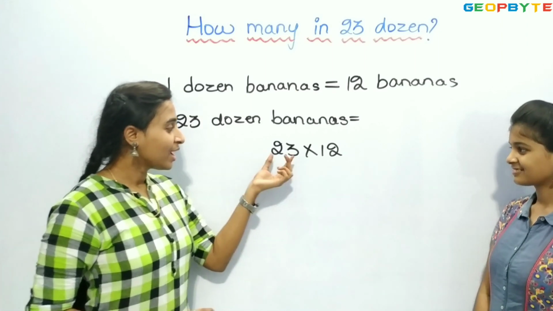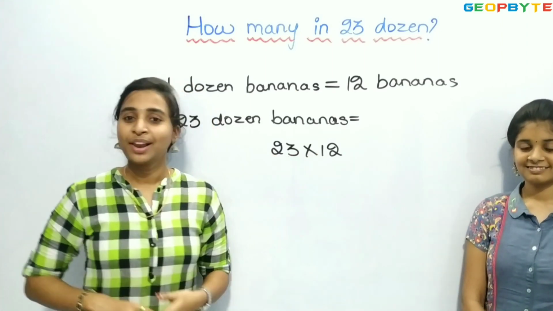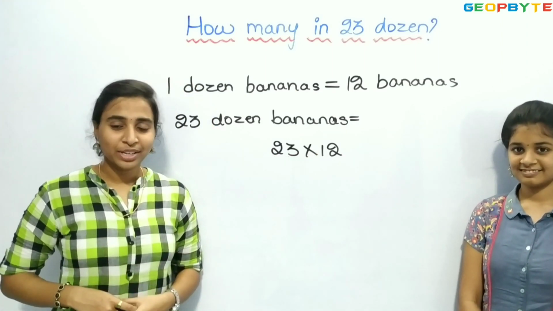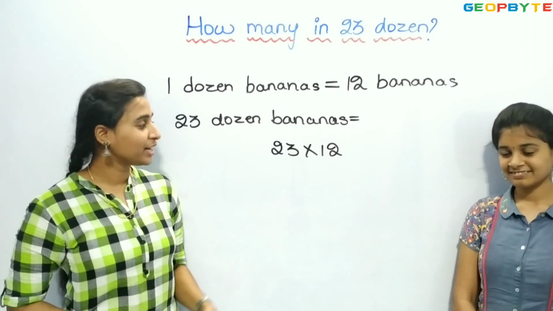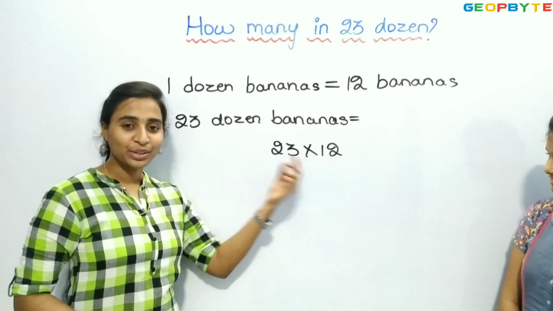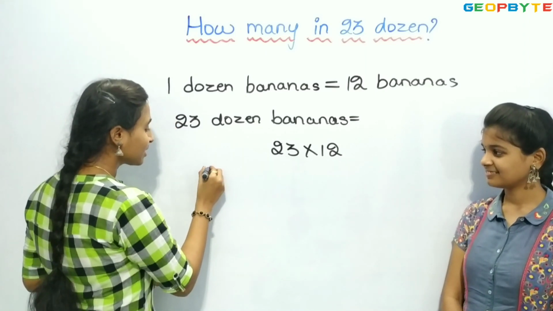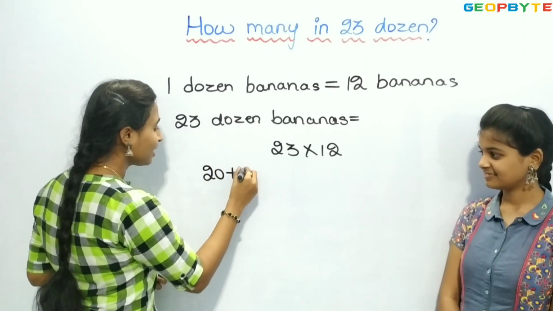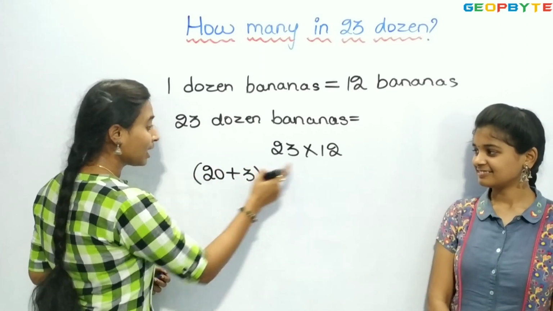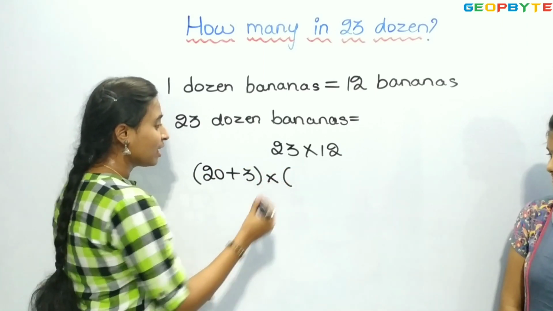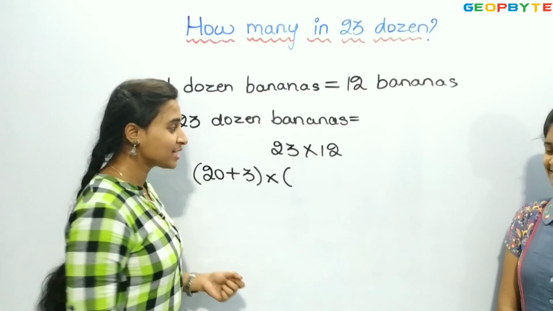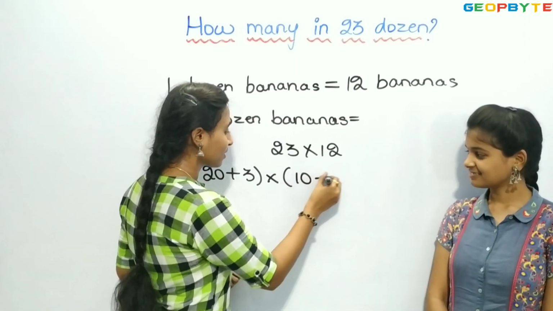So children, here 23 and 12 both are bigger numbers. So let us split 23 and 12. See children, 23 can be split as 20 plus 3, into 12 can be split as 10 plus 2.